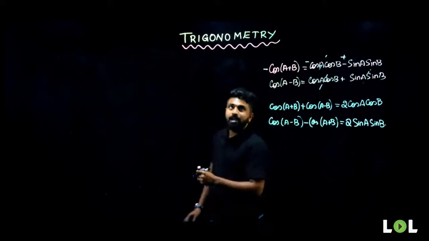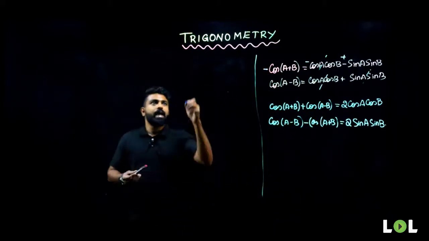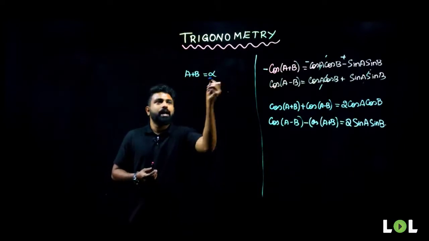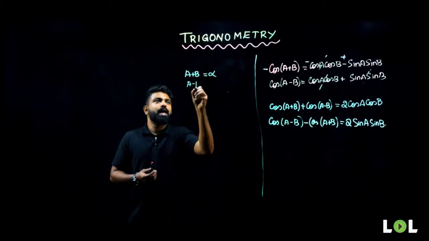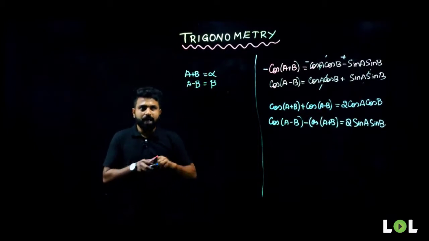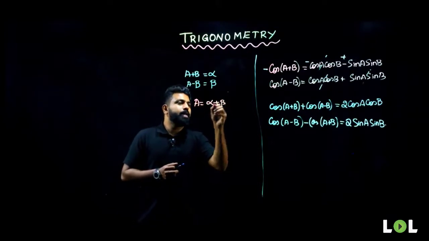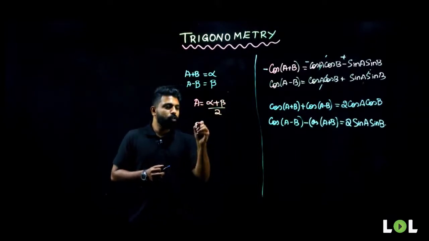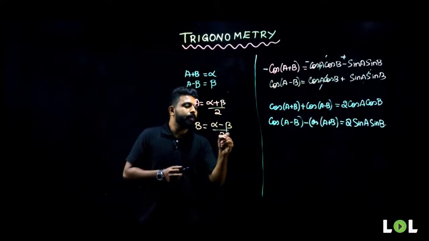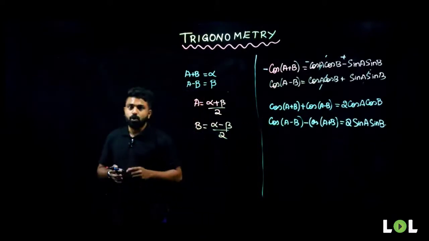So now similarly, like what we did for the previous derivation, if I take a plus b as alpha and a minus b as beta, what will be the value of a? We've already derived. A will be equal to alpha plus beta by 2. Now what will be the value of b? B will be equal to alpha minus beta by 2. So now if I quickly replace all this in these equations, what do I get?